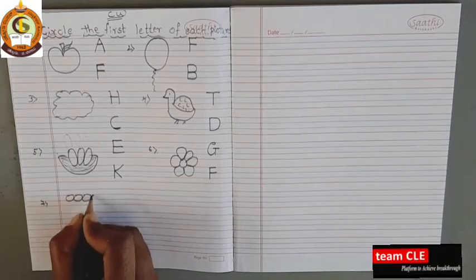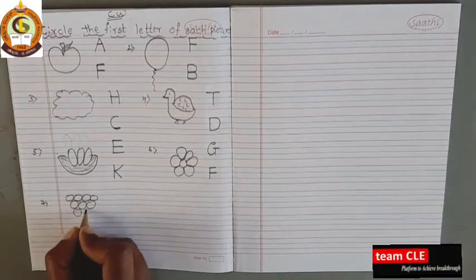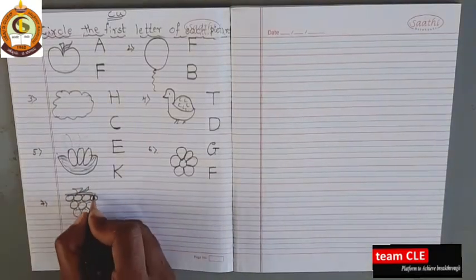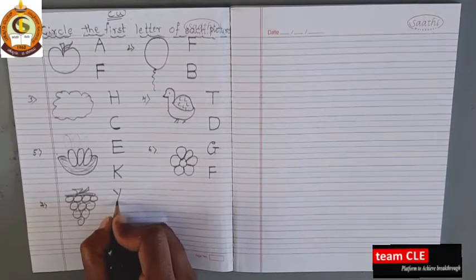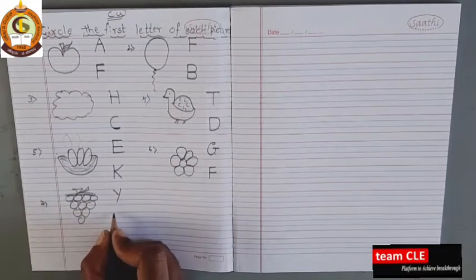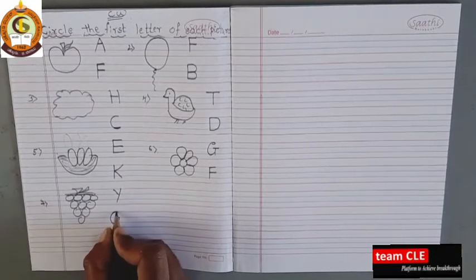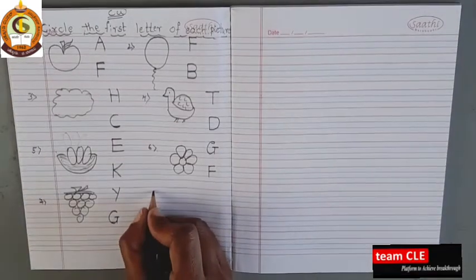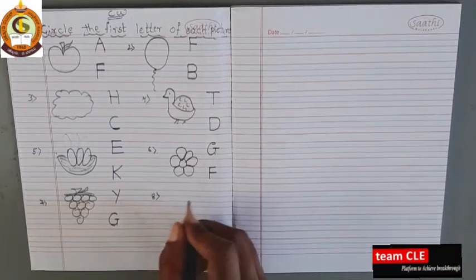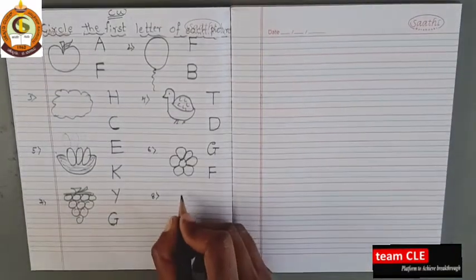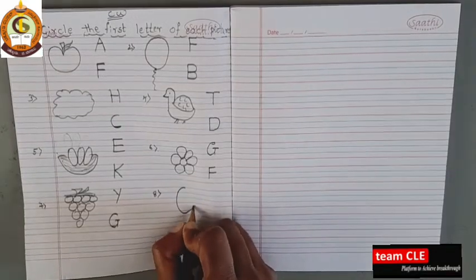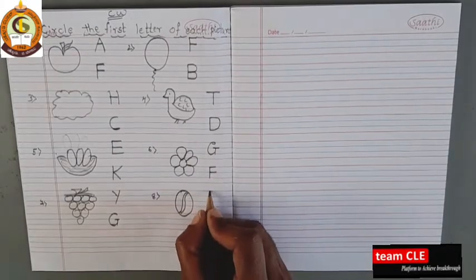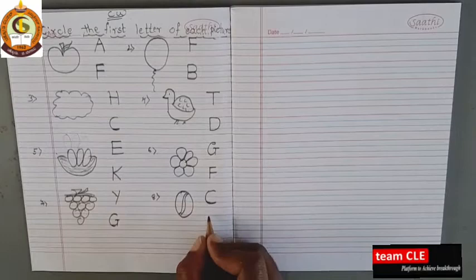Grape picture draw, and write Y and G. Then again draw a picture, ball picture draw, and write C, B.